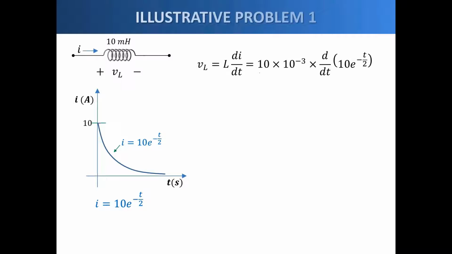So this is L, and this one is the derivative of the current. So that will give us this answer. Take note the voltage is negative. So that means that the current that enters the inductor is decreasing as shown by this curve.